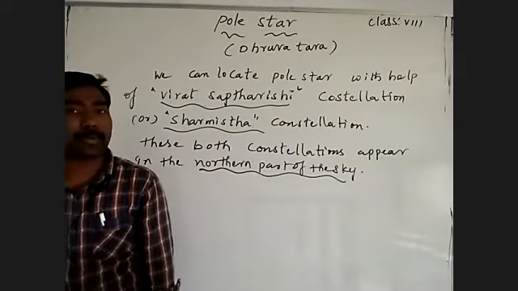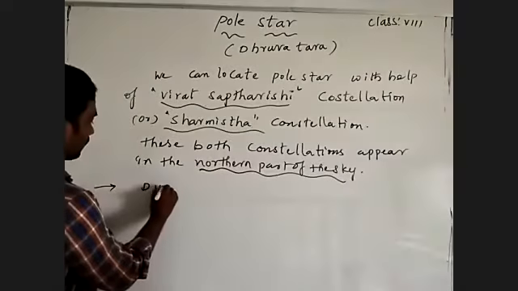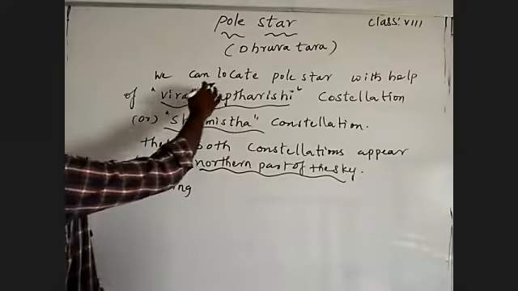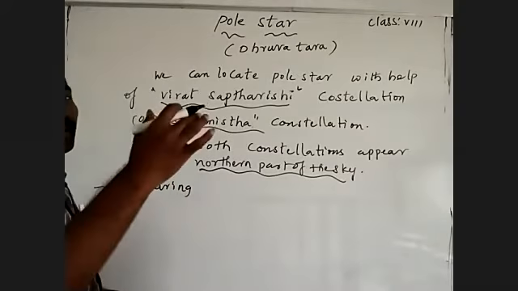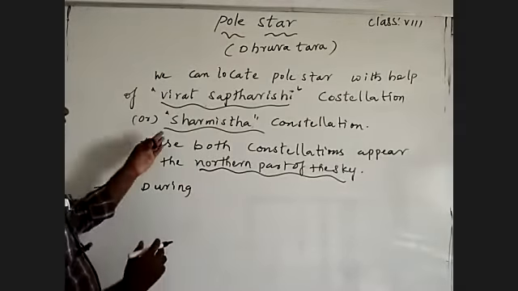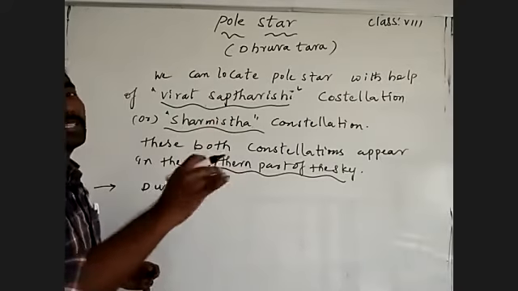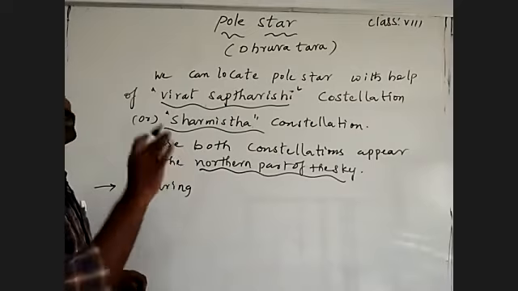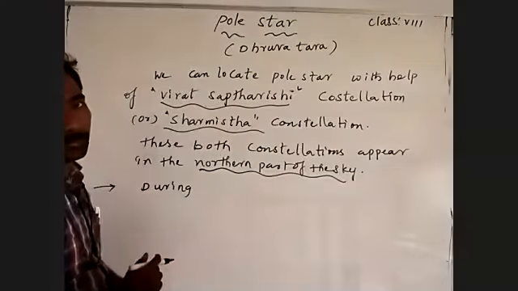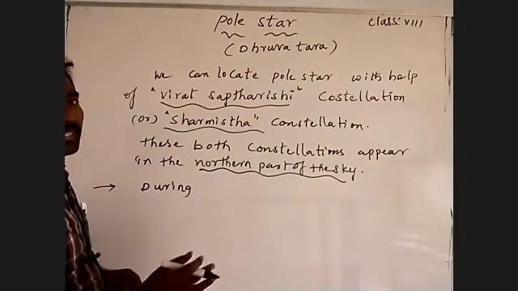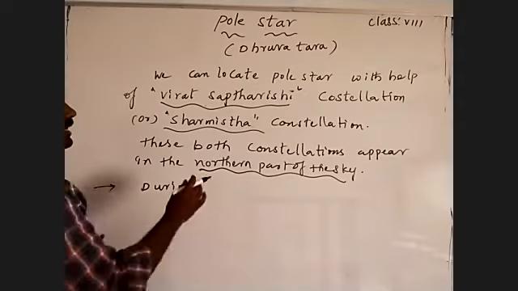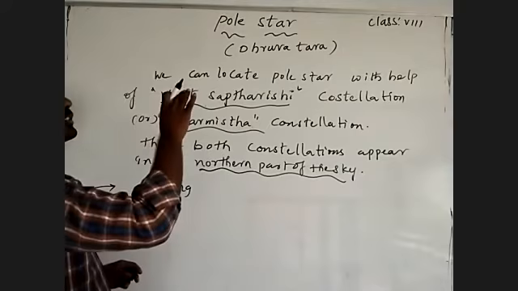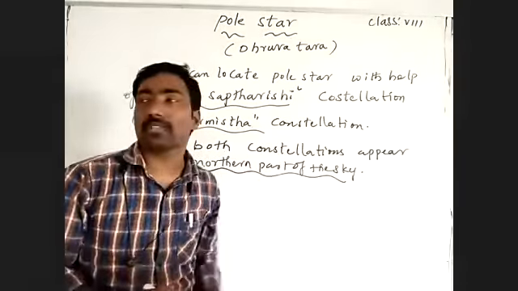One appears in one particular season, the other in another. So the Virat Saptarishi constellation will appear during the summer season, and the Sharmistha constellation will appear during the winter time, to locate the pole star in the northern part of the sky.